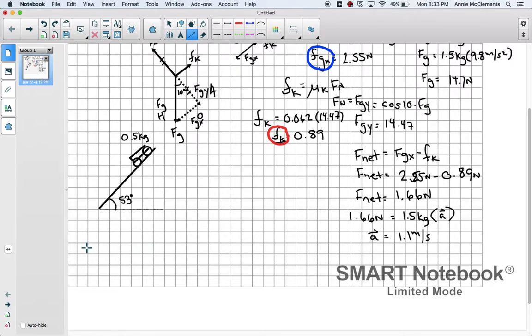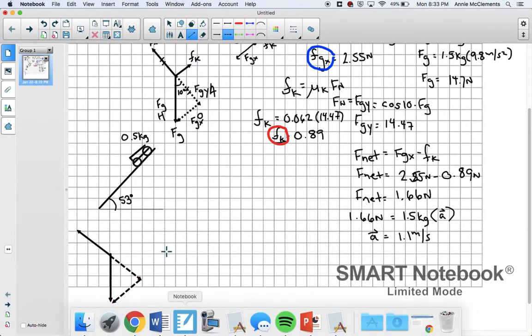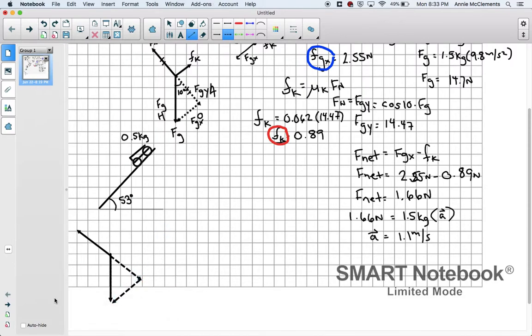For our free body diagram, we, of course, have gravity straight down. And then we're going to have the F normal, right, Fn straight out. Gravity can be divided into components, of course, where the y component is counteracting the normal force, and the x component is going to be pointed down the ramp.